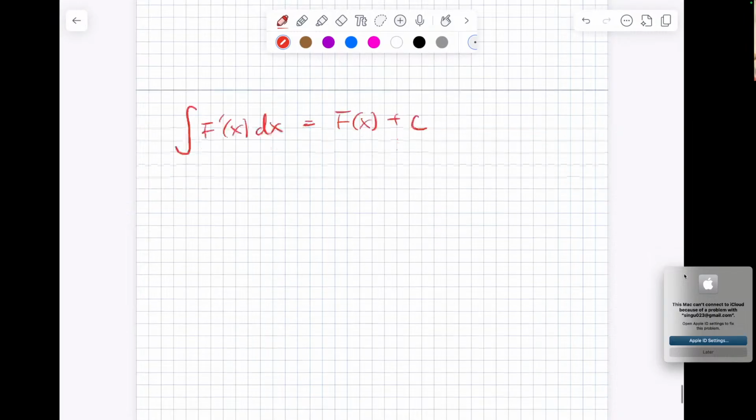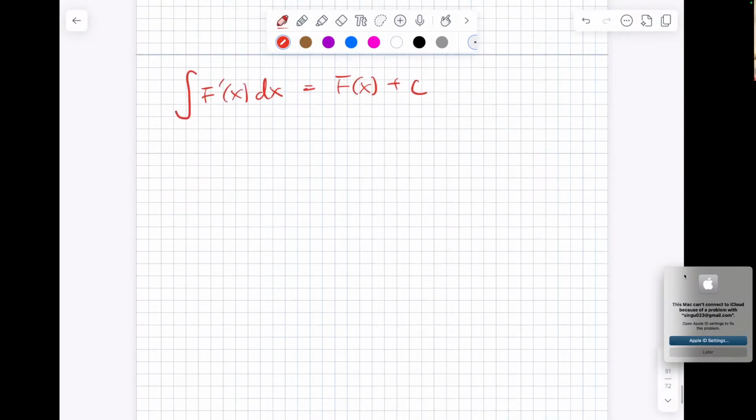Okay. Now let's talk about some basic rules about derivatives. But why do we talk about derivatives first? Because if I take a derivative of a constant, it's going to give me 0. How about integration of a 0? That should equal a constant.